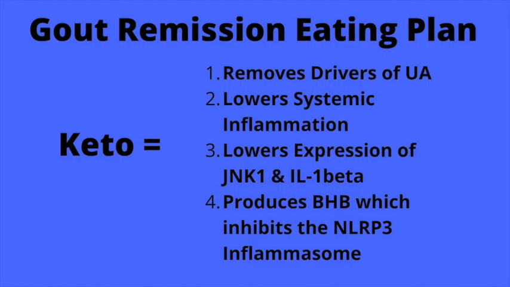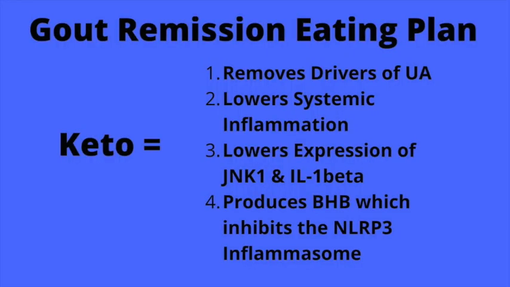Secondly, by making those eliminations and then cutting into the unrefined carbohydrates, we're going to effectively lower systemic inflammation. This is going to produce an environment in the cartilaginous joint which does not have chronic inflammation.